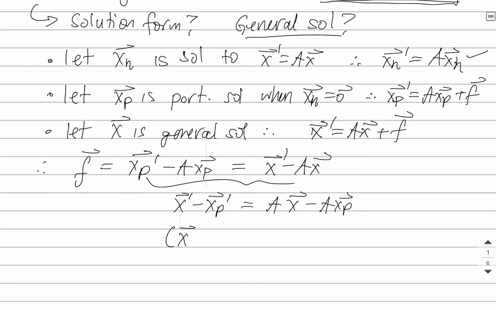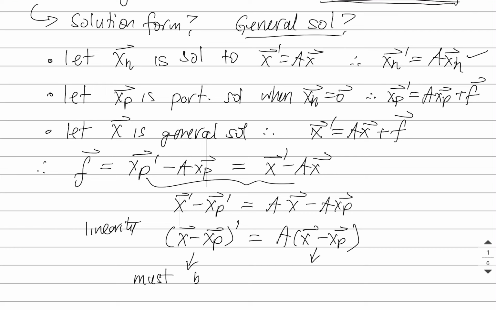If I put this together, I can combine this by linearity, and that's the key here. Linearity tells me that I'll get A times X minus XP. And that means this function has to be the homogeneous solution, because this combination satisfies the homogeneous differential equation.